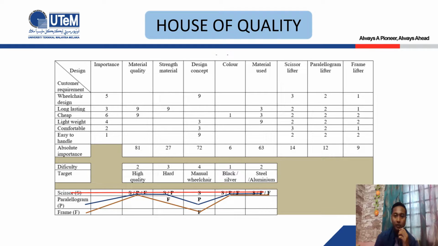In the middle, we give a score according to design versus customer requirement, which is either 1, 3, or 9 for very strong, and the absolute result comes from score times importance. As we can see in the table line graph, the scissor lift concept has a better straight line compared to the others, and that makes the scissor lift concept the best design.